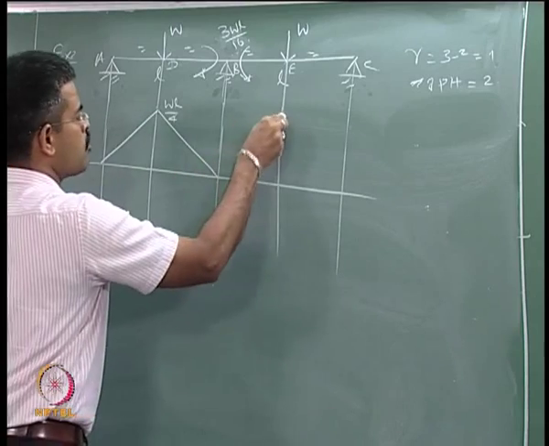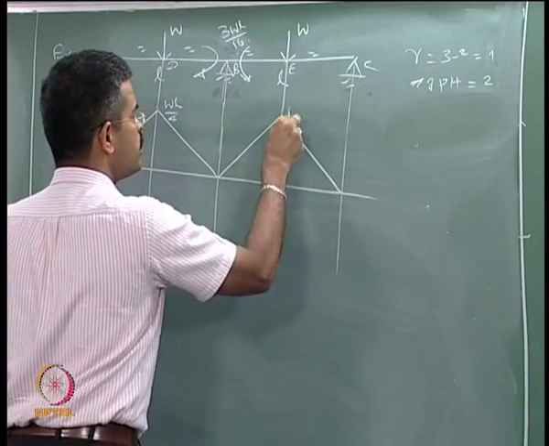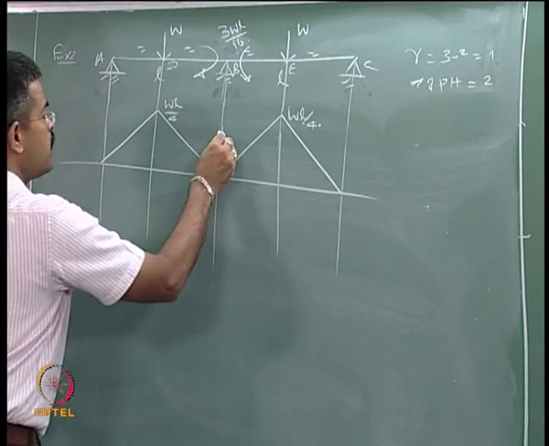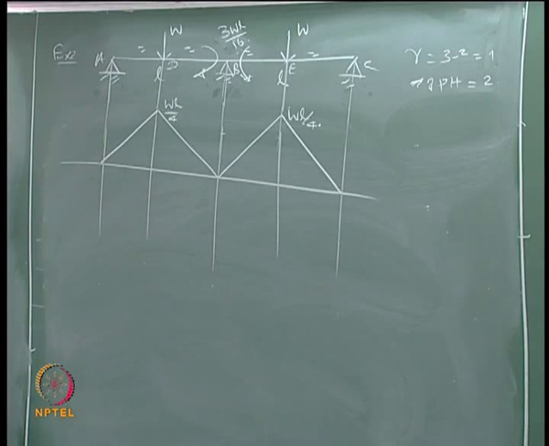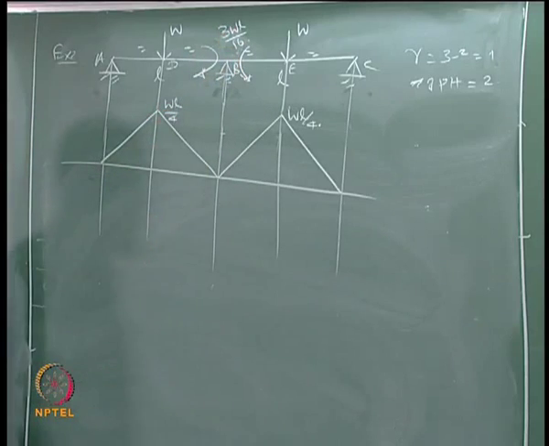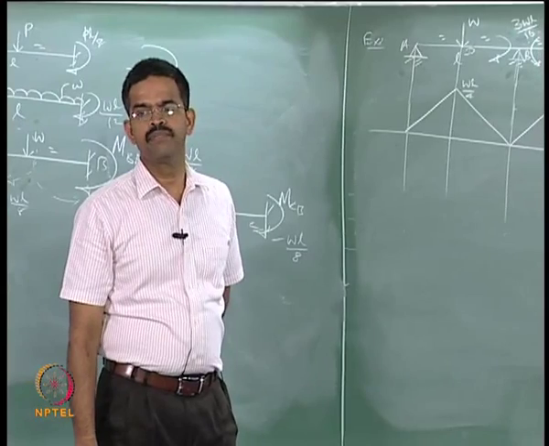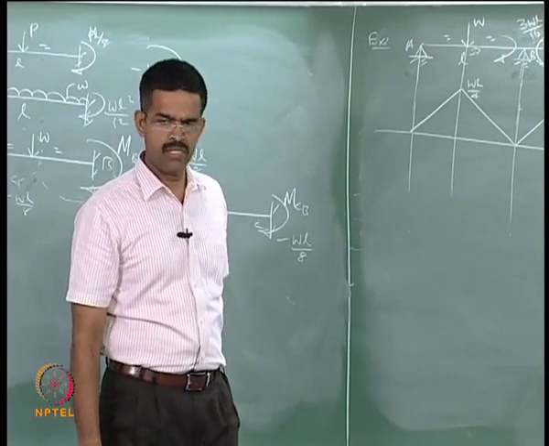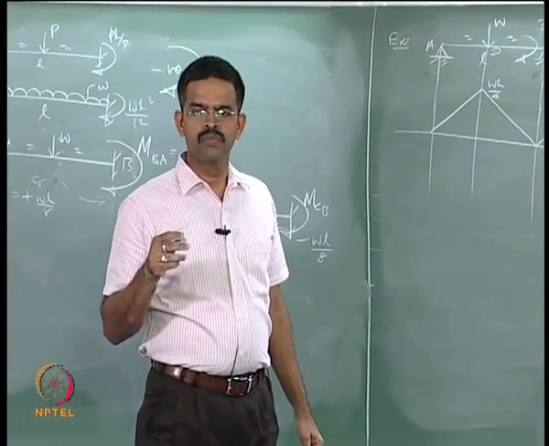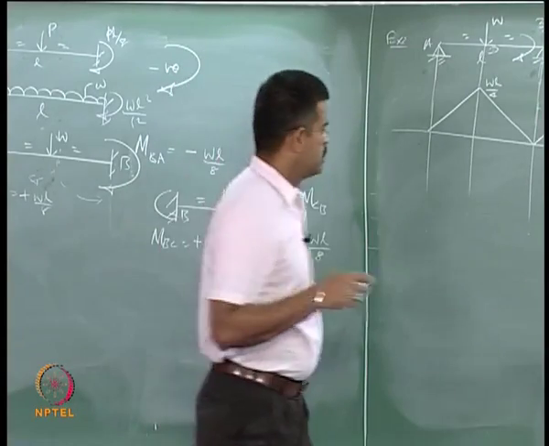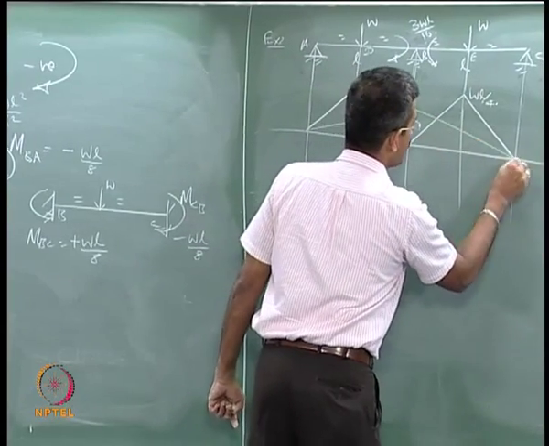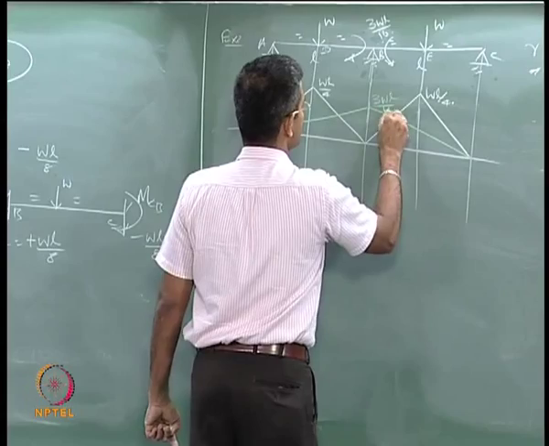And similarly, this value will also be WL by 4, correct. Then this value will be 3 by 16. Is 3 by 16 greater than WL by 4 or less than WL by 4? Check 3 by 16, what is the fraction? It is 0.1875. See. So, WL by 4 is 0.25. So, this ordinate will be lower. So, this is 3 WL by 16.